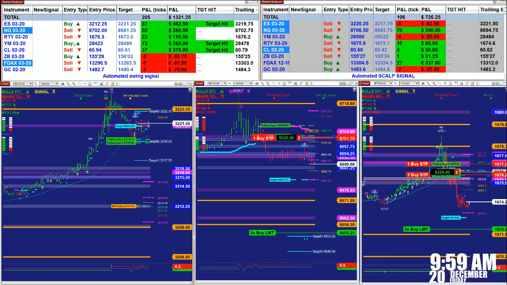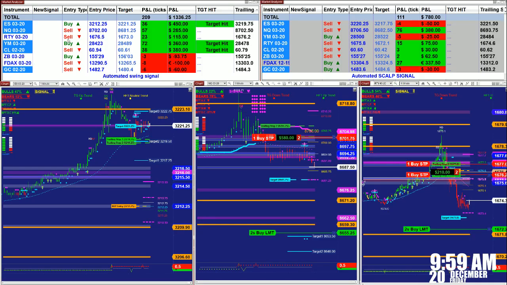The market analyzer is in the left upper corner. If we look at the ES, it's still in the buy entry, and then you have the Nasdaq in the sell entry, and the Russell in the sell entry, and the YM in the buy entry.